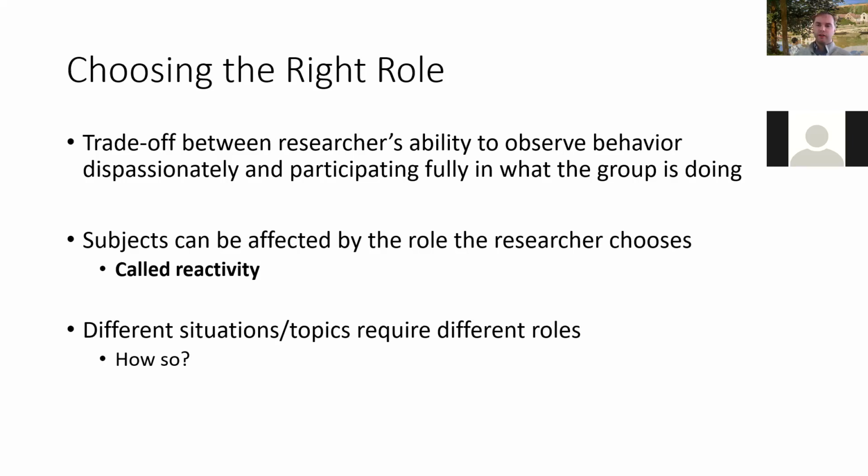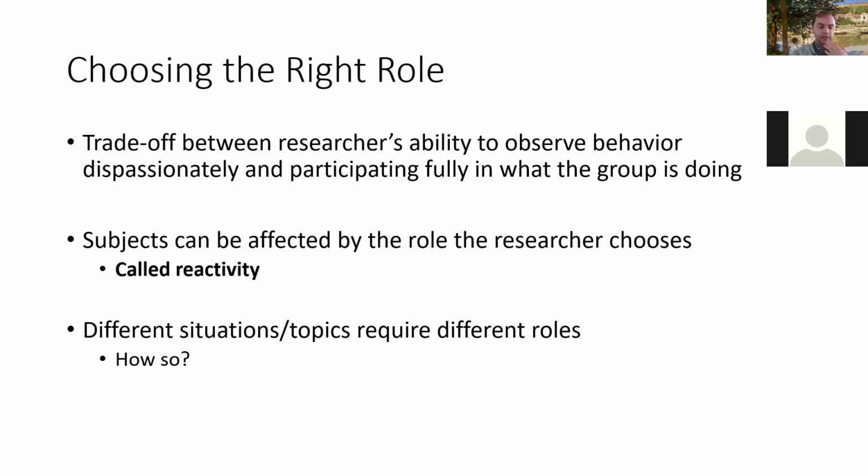So depending on what a researcher is trying to study, they may have to use different roles. Okay. So something like what Elijah Anderson was doing, where he lived in this community for a significant amount of time, he was able to earn people's trust so that he was not seen as kind of an anomaly.